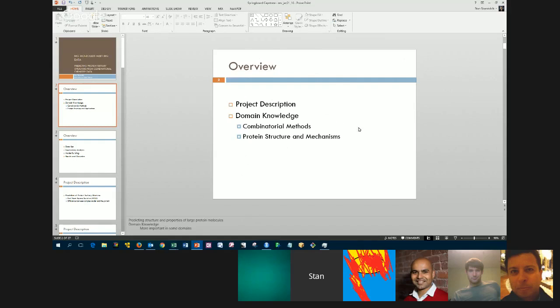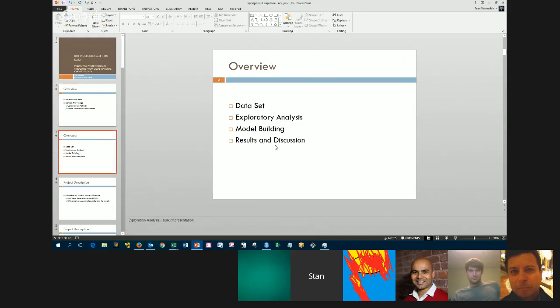So we're going to deal with some combinatorial methods in chemistry, which is used to collect the data, and then give a very, very brief discussion of protein structure and protein folding mechanisms. Then we're going to take a look at our data set, do an exploratory analysis of our data, which will make up the bulk of this presentation, do a little bit of model building, specifically some regression models, and finally move on to our results and discussion.